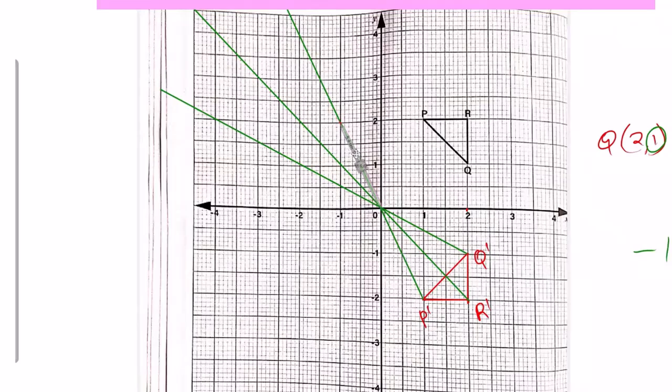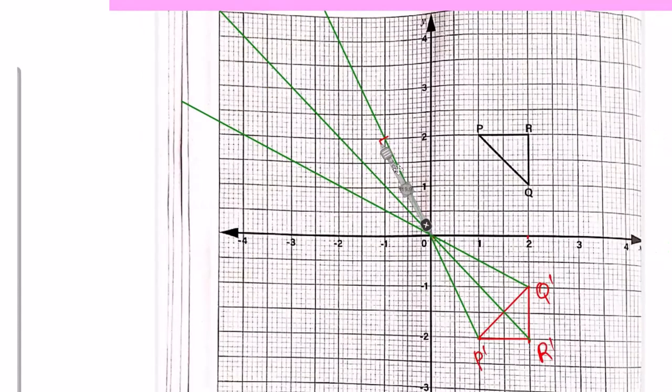If I mark an arc there, that is enlargement by 1. So for enlargement by 1.5, you take half of that distance. Half of that distance is around there. Then I'll stand at that point and mark that. So that will be 1.5 times.